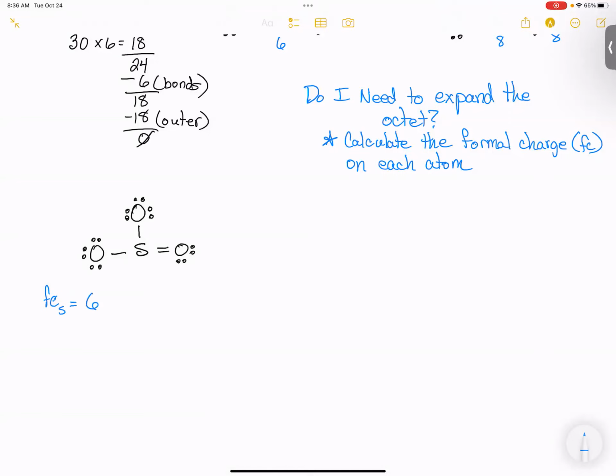It has 6 valence electrons, minus 1 for every bond. There are 4 bonds on that atom, plus 1 for every dot. There are no dots on the atom. So the formal charge for sulfur in this structure is a +2.